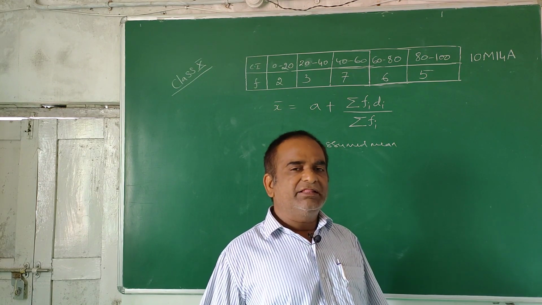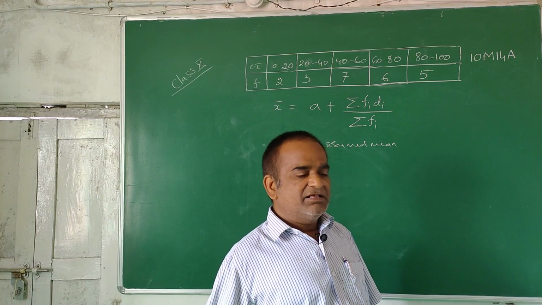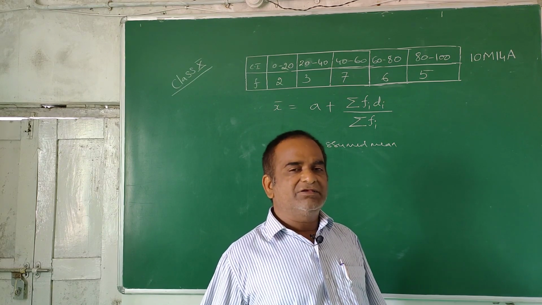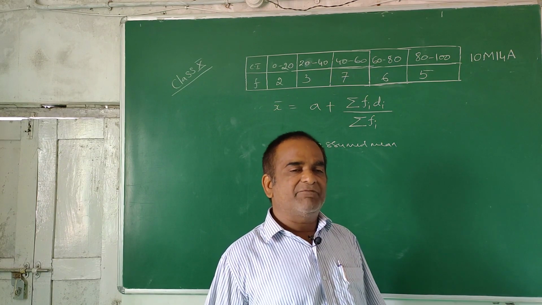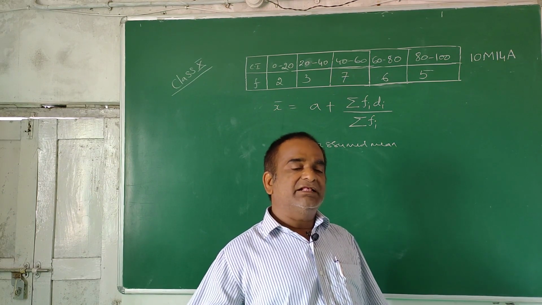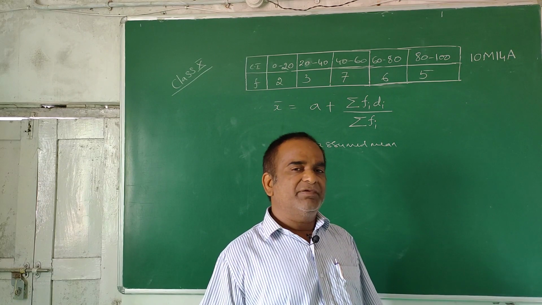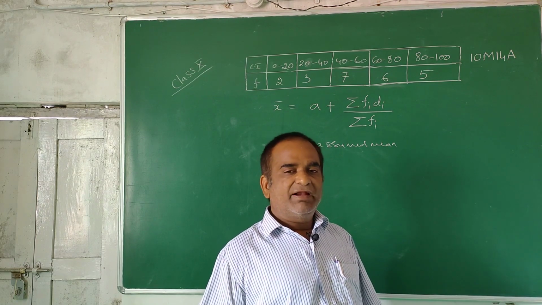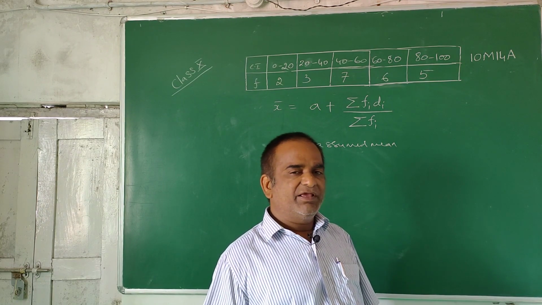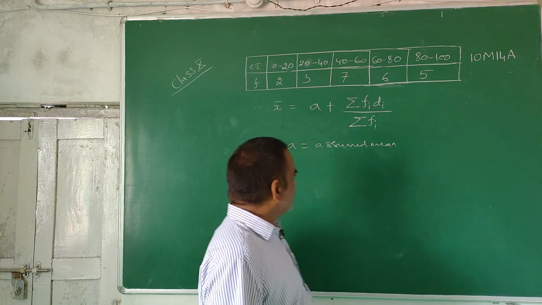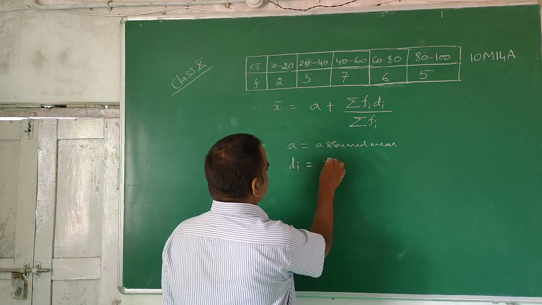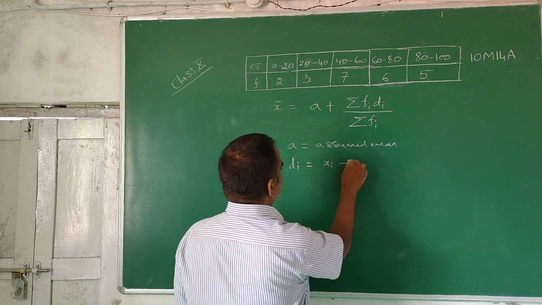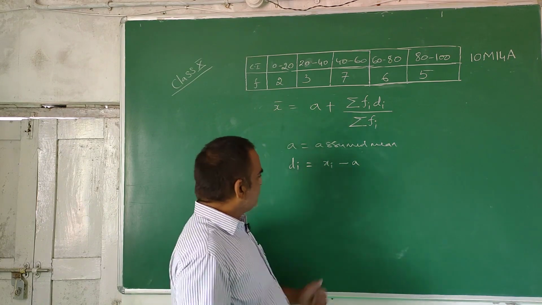You can choose anything, there is no restriction, but the only restriction is you have to choose the assumed mean from the class marks, that is, from the xi's. Which xi you choose is left to you.